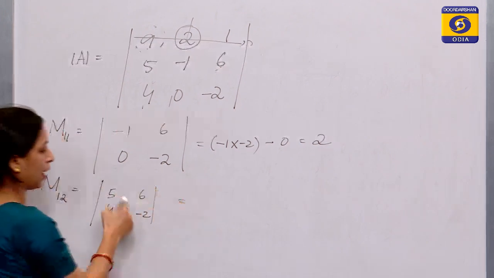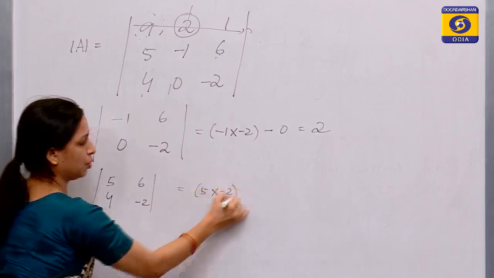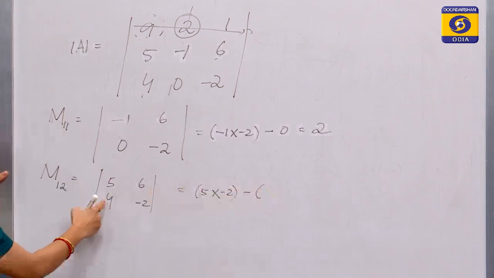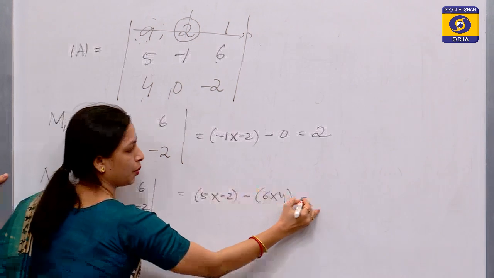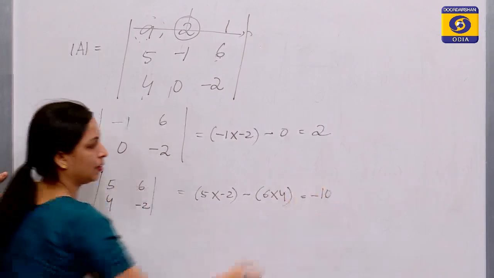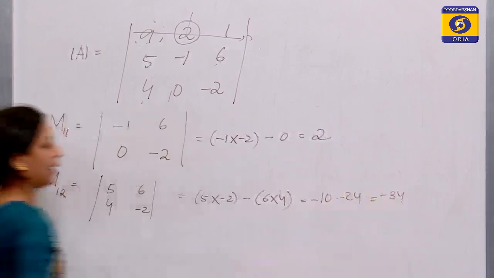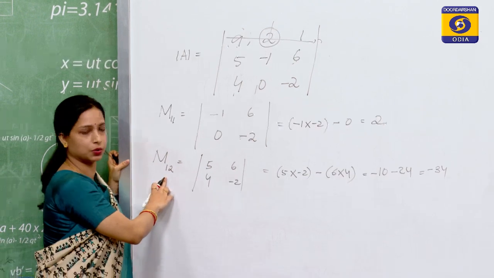Now, I cross multiply. So, 5 with -2 and then the difference of the other, opposite side diagonal, 6 into 4. So, what do I get? -10 minus 24, -34, right. So, this is the minor of A12.